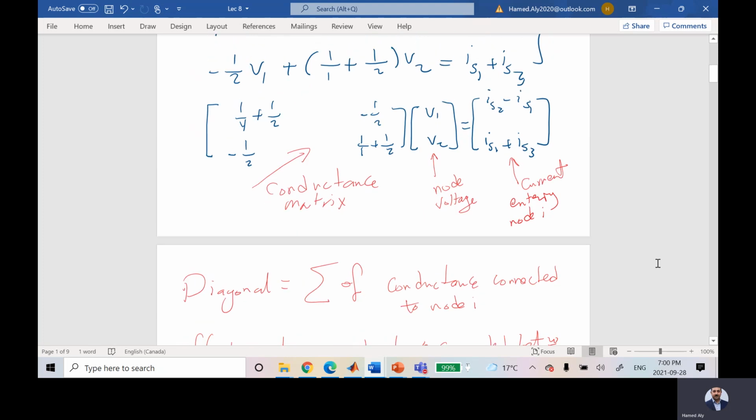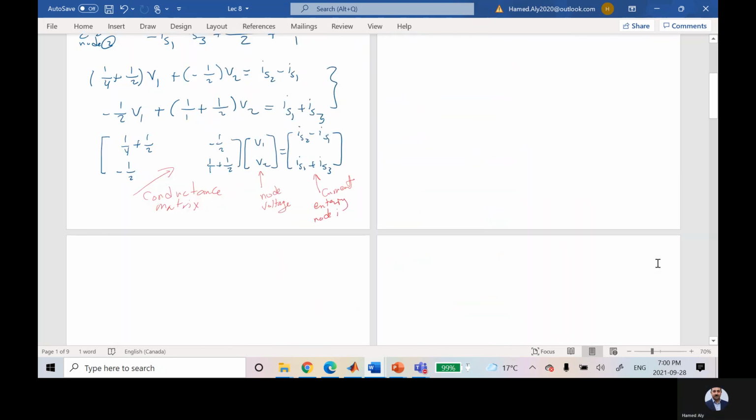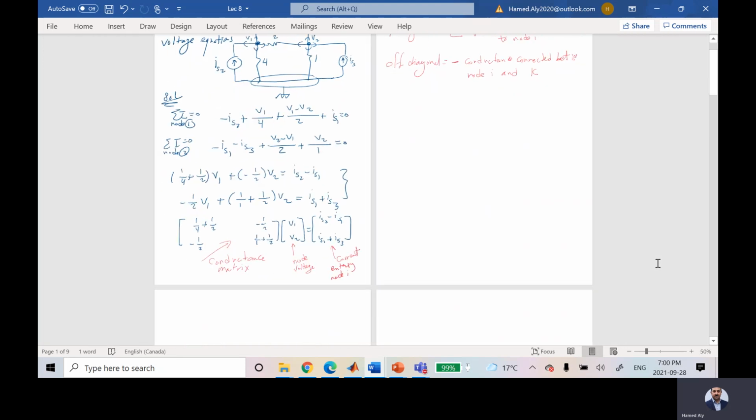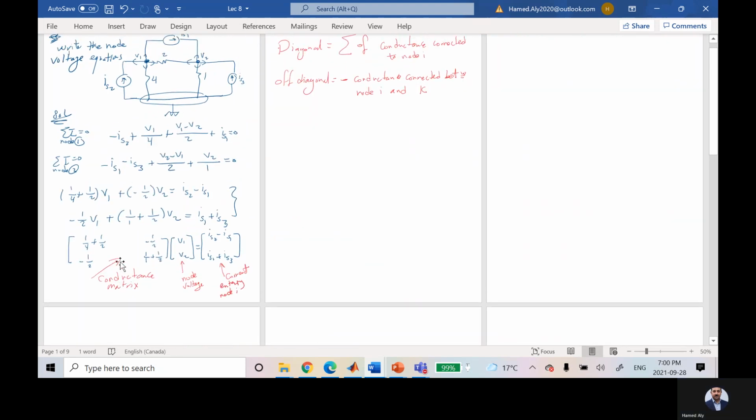Let us go back to the circuits. This is my circuit. He is telling me that this matrix is the conductance matrix, and that the diagonal elements are the summation of the conductances connected to node I. So imagine we are talking about the first node, node 1.